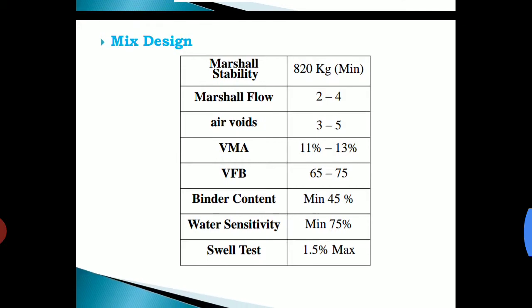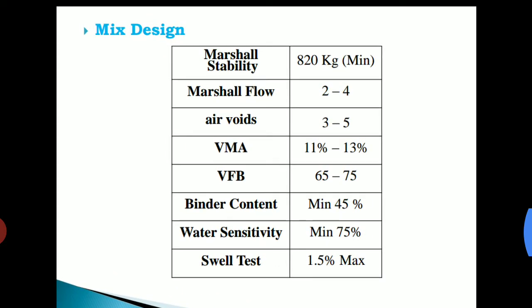Then the Marshall stability, as we discussed in the previous video lecture. These results come from the Marshall stability test, where we come to know how the bituminous mix will behave in construction and what its main properties are.